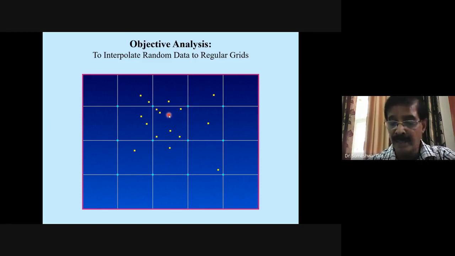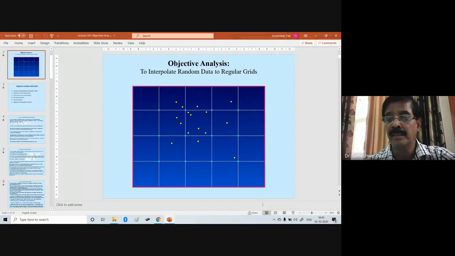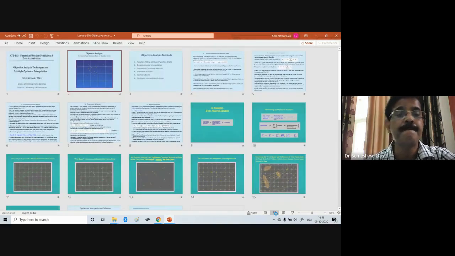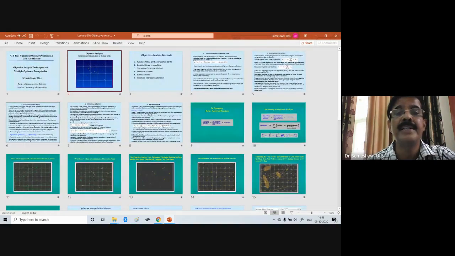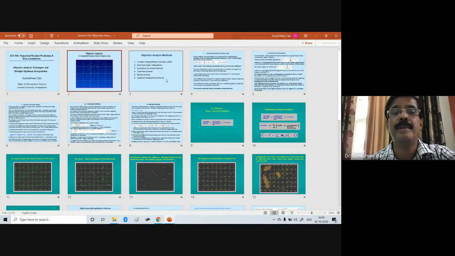Having said that, now let me go to the successive correction method where I lost the connection in the morning. Right, we will start from there again. We discussed that there are 6 ways of objective analysis: functional fitting method driven by Panofsky, empirical linear interpolation technique, successive correction method, Cressman's scheme, Barnes scheme, and optimum interpolation scheme.